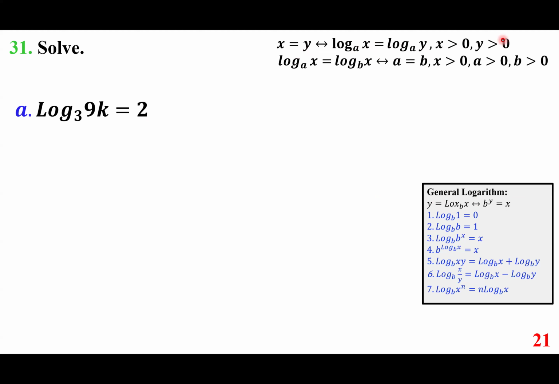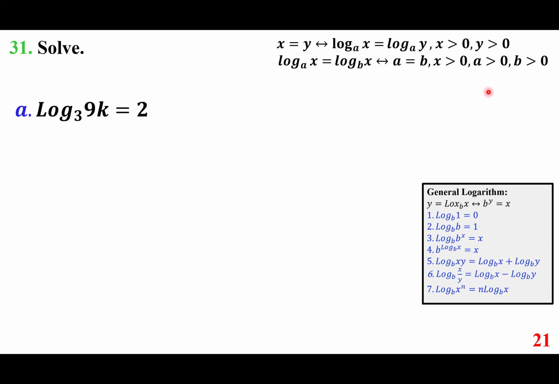The arguments must be positive. The base must be positive, in this case a, and can't be a 1. If we have log x base a and log x base b, because we have the same argument, we must have the same base. Okay, again, all bases, all arguments must be positive, and the bases can't be 1 either.